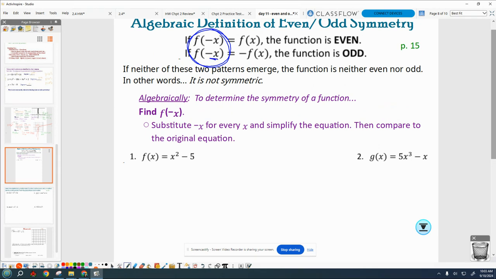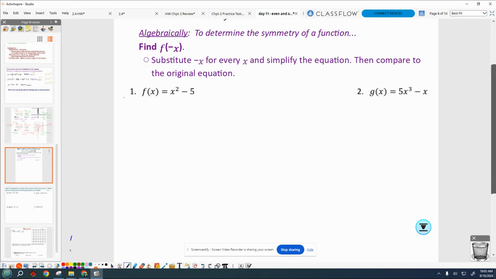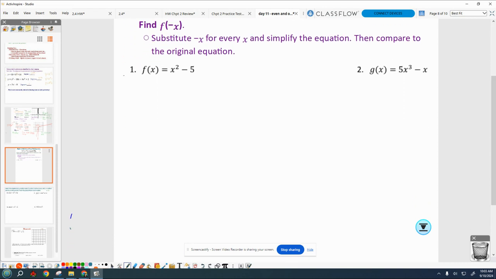I want to find f of negative x. Well, in this case, the function is g. And you guys do that one on your own. G of negative x, what does it come out to be?